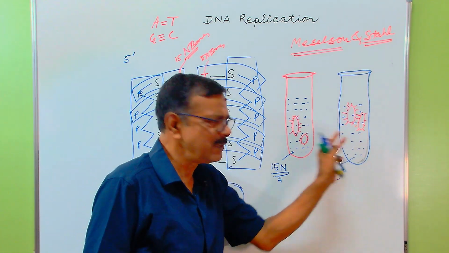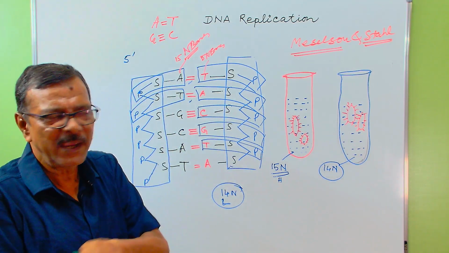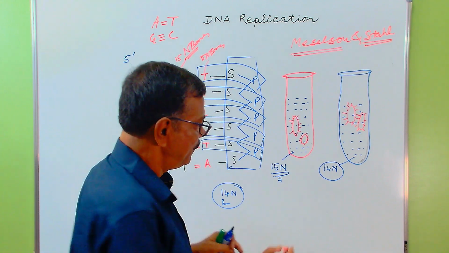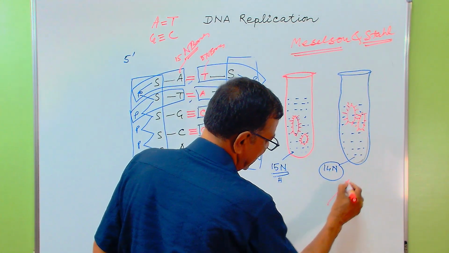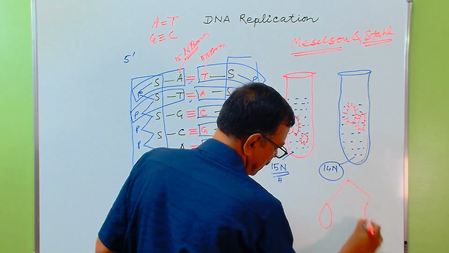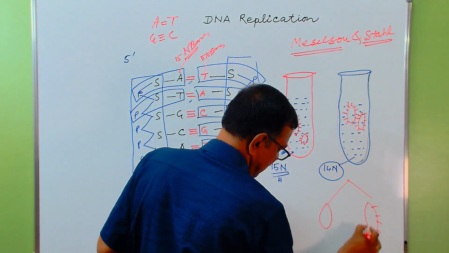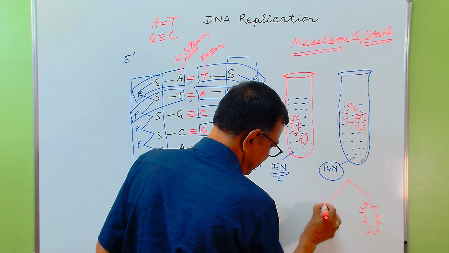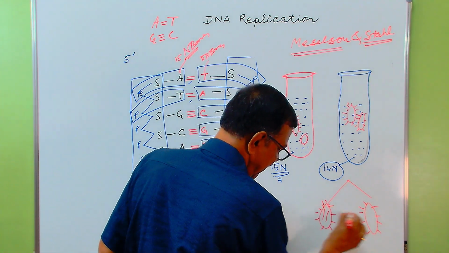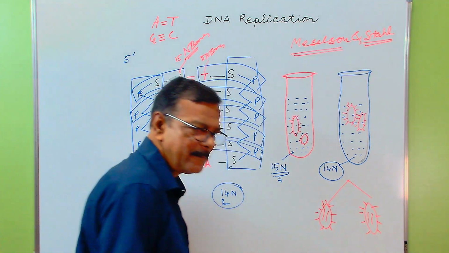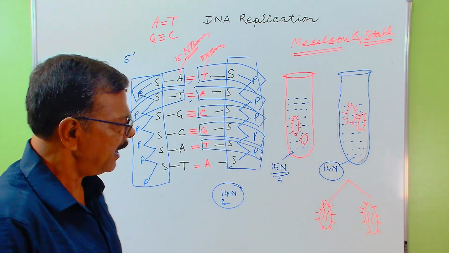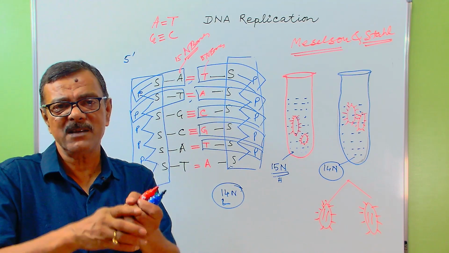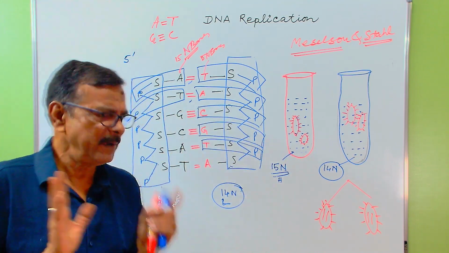Now, after one generation, when the bacteria multiplied into 2, they took the DNA of these and evaluated its density.